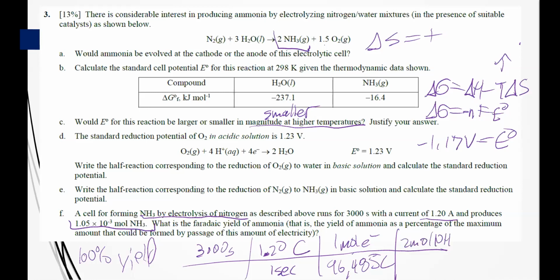How many was that? If we're looking back at this equation up here, how many moles of electrons did we need to make 2 moles of our NH3? It was 6, right? Very good. Welcome back.